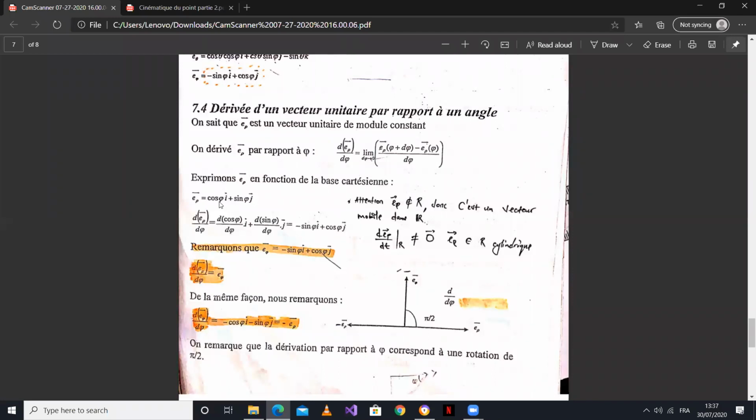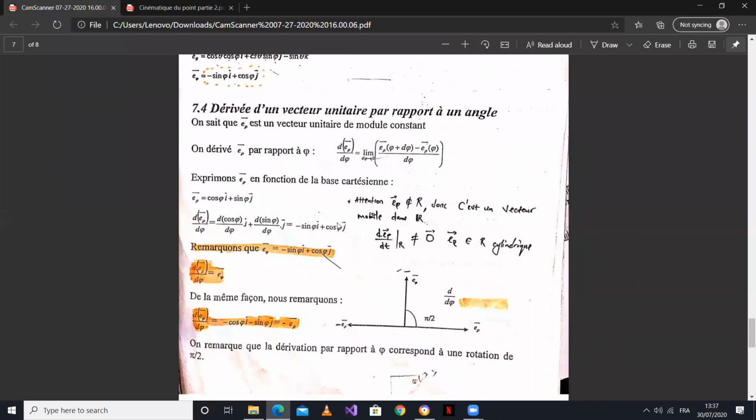So when you derive this expression, the derivative of cos phi gives minus sin phi, with respect to phi of course, and the derivative of sin phi gives plus cos phi, with respect to phi. So when we derive e rho with respect to phi, it gives us minus sin phi i plus cos phi j. What's this equal to?